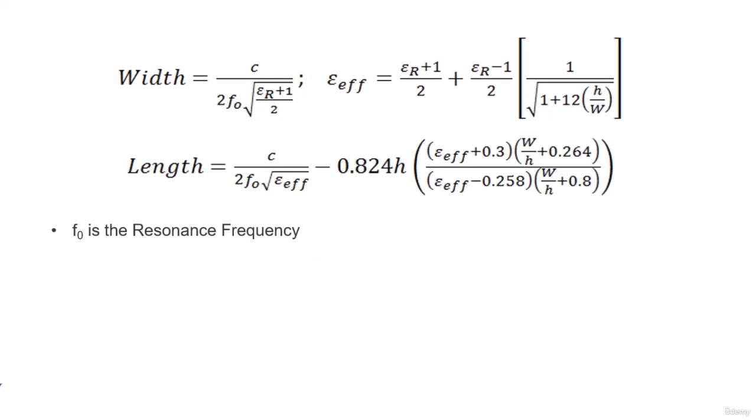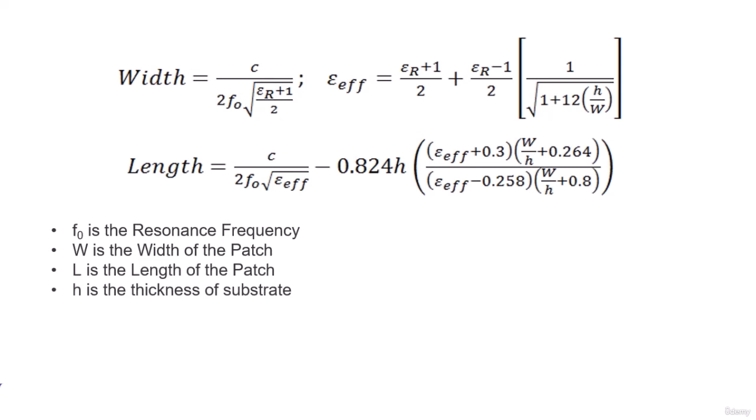In these equations, the frequency of resonance is represented with F0, which is also called the resonant frequency or operating frequency. W is the width of the patch. L is the length of the patch. H is the thickness of the dielectric substrate.